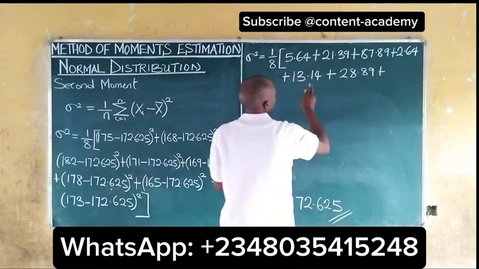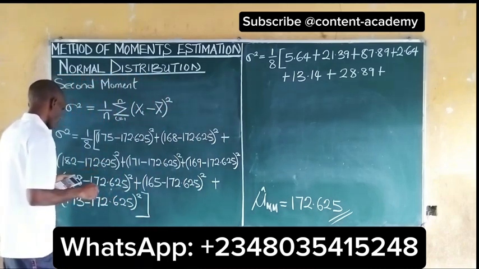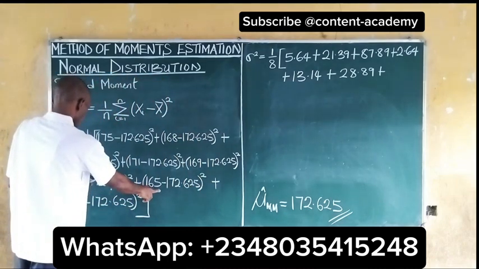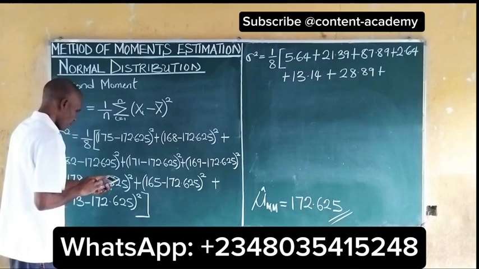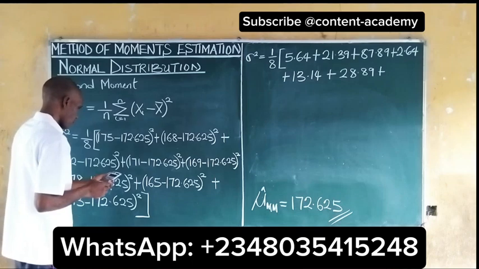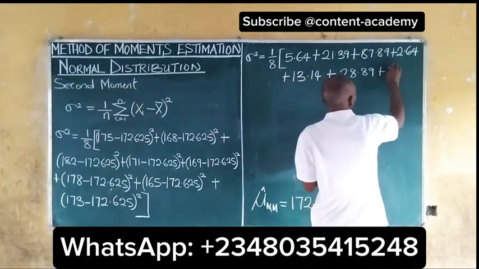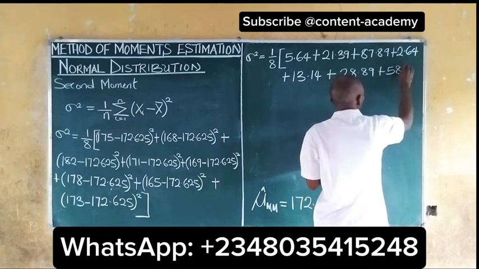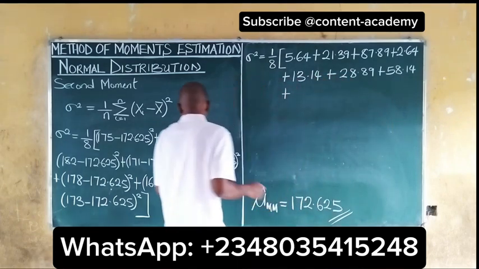Plus the next one, 165 minus 172.625 squared, which is 58.14.